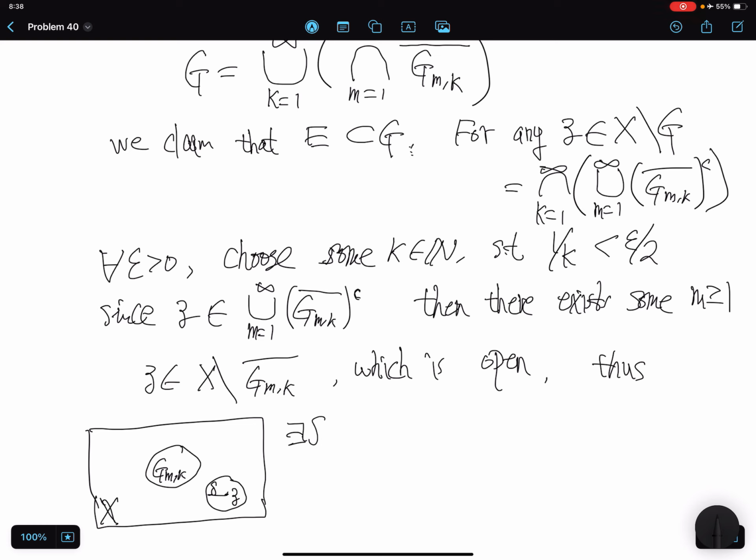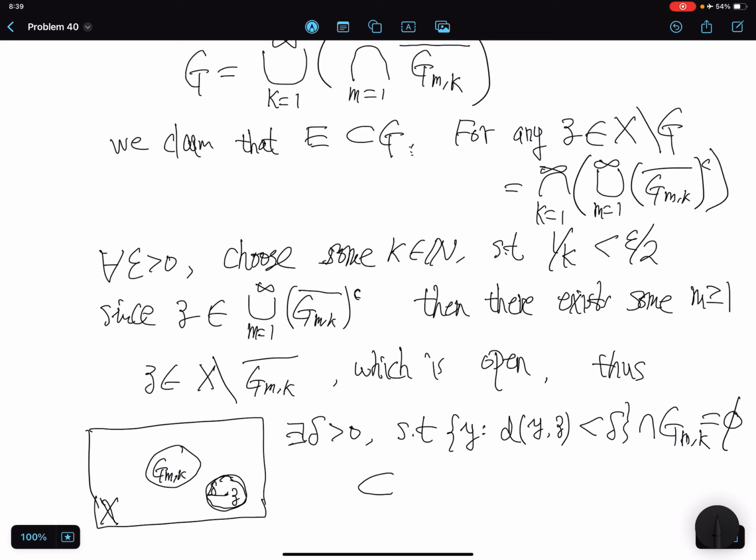There exists some delta greater than 0 such that the set of all y with distance of y to z less than delta is disjoint from G sub M K.